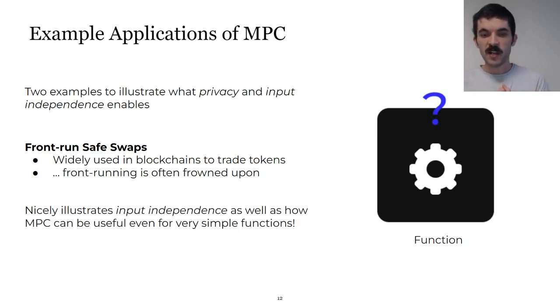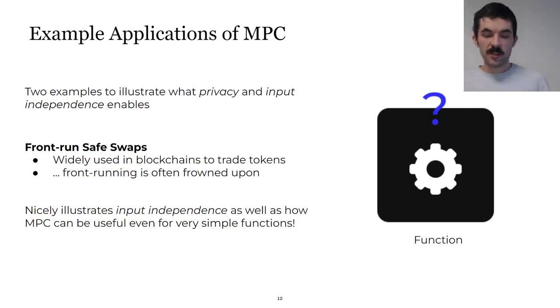And the reason you can do that is because MPC is input independent. If you want to be very technical about it, if you have an input independent MPC computation, then you can use that computation to prevent front running on the swaps you place through this MPC.